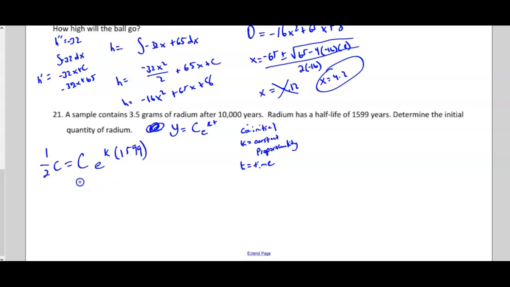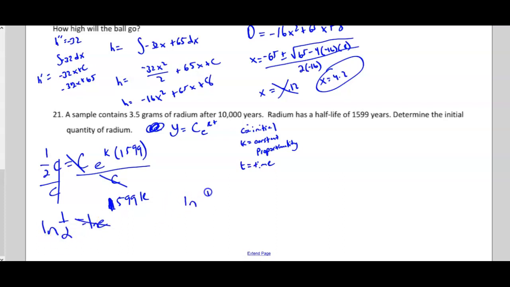So I want to start by finding K. And so I'm going to divide by C on both sides. So I got 1/2 equals e to the 1,599K. And so now I need to get rid of e, so I'm going to natural log both sides. That's the inverse of e. So you get ln 1/2 equals 1,599K.